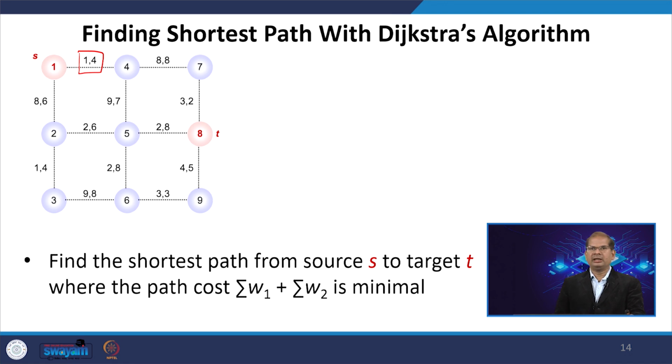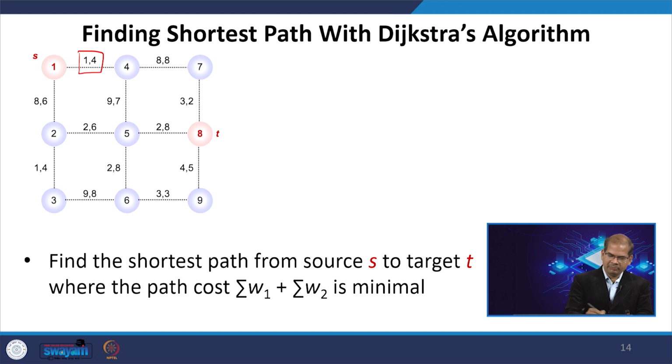It is basically non-Manhattan, but here our interconnect will be either horizontal or vertical. So, these two are the differences from a conventional Dijkstra's algorithm which is used in graph theory. So, it is an extension of that algorithm.